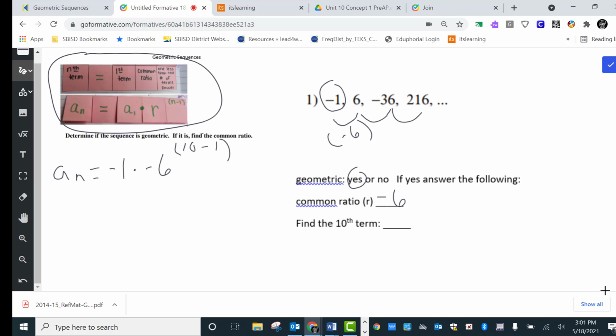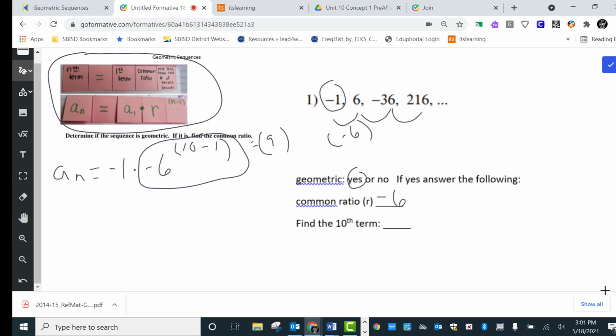Order of operations says I have to do this first. So 10 minus 1 is 9. That basically means to the 9th power. So I'm going to do -6 to the 9th power, and I'm going to use my calculator for that.